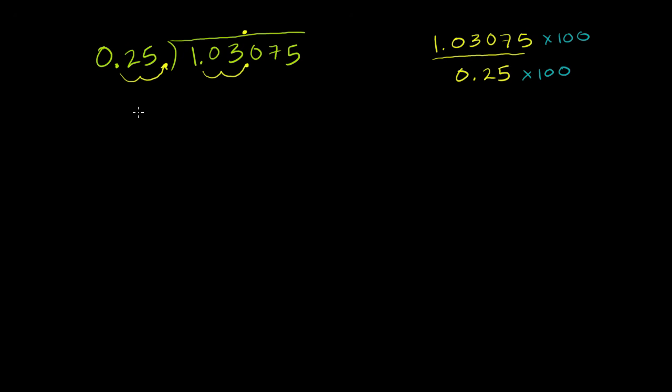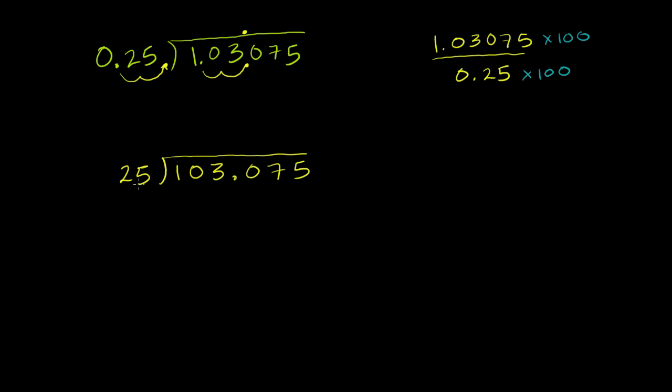So when we multiplied both the divisor and the dividend by 100, this problem becomes 25 divided into 103.075. These are going to result in the exact same quotient. They're the exact same fraction, if you want to view it that way. We've just multiplied both the numerator and the denominator by 100 to shift the decimal over to the right twice. Now that we've done that, we're ready to divide.